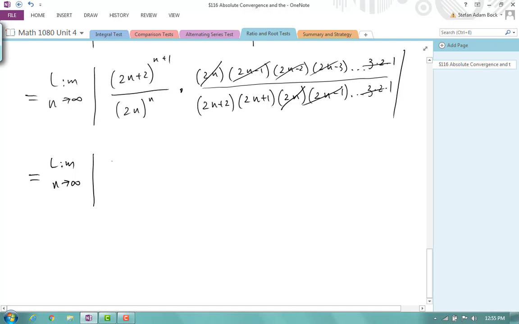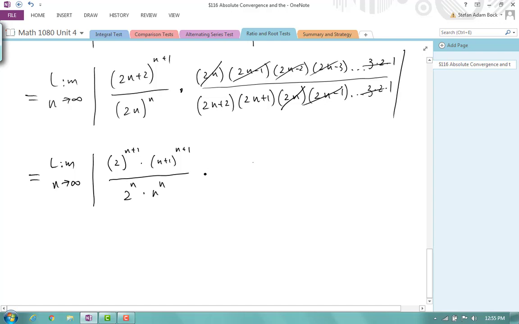So using properties of exponents, I could rewrite this as 2 to the n plus 1 times n plus 1 to the n plus 1. Here the exponent could be factored off, or distributed amongst the factors of the base. And on the bottom, I'll have 2 to the n times n to the n.